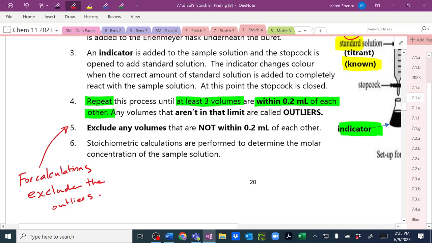And then finally, once we've done all the lab work, we're going to do the stoichiometric calculations. And remember, what is step one of any stoichiometric calculation?